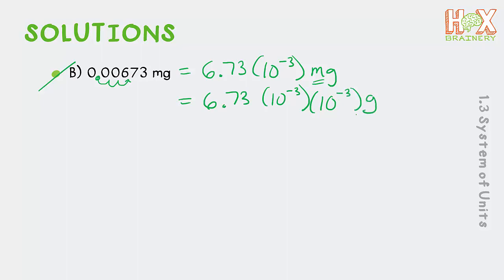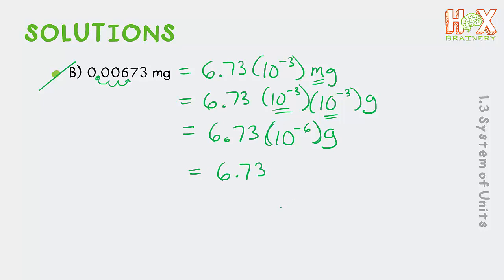Still have your grams. And this is equal to 6.73. These I can combine, so I can write that as 10 to the negative 6 grams. And then I can rewrite this one more time by taking this 10 to the negative 6 and writing that as a prefix. So that's your micro. So I've got 6.73 micrograms.